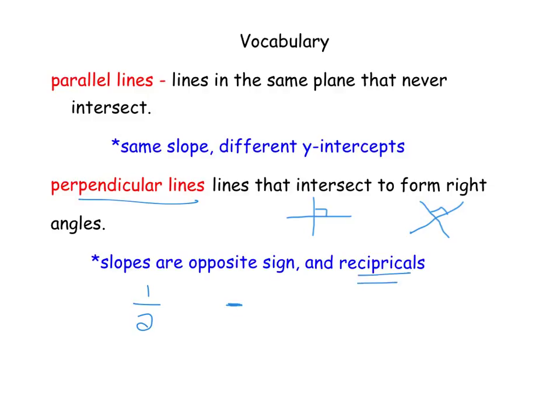And it's the reciprocal, or the multiplicative inverse. So if your original slope was 1/2, the line that's perpendicular to that will have a slope of a -2. Okay, so this is a very important piece to our puzzle today.